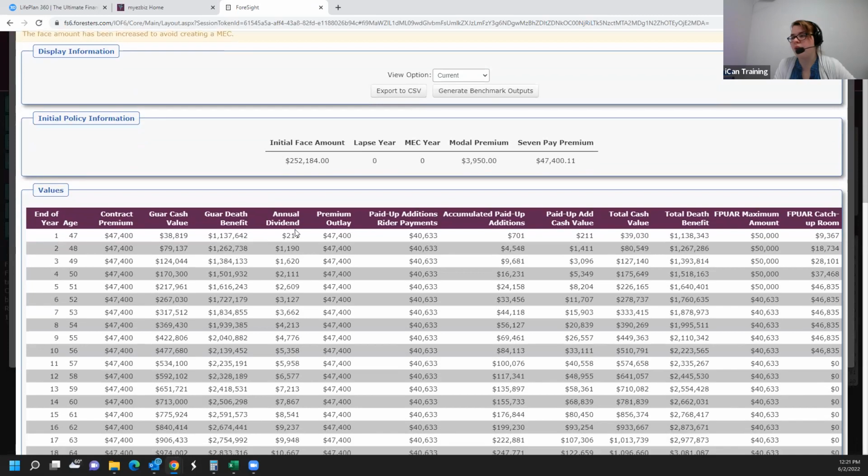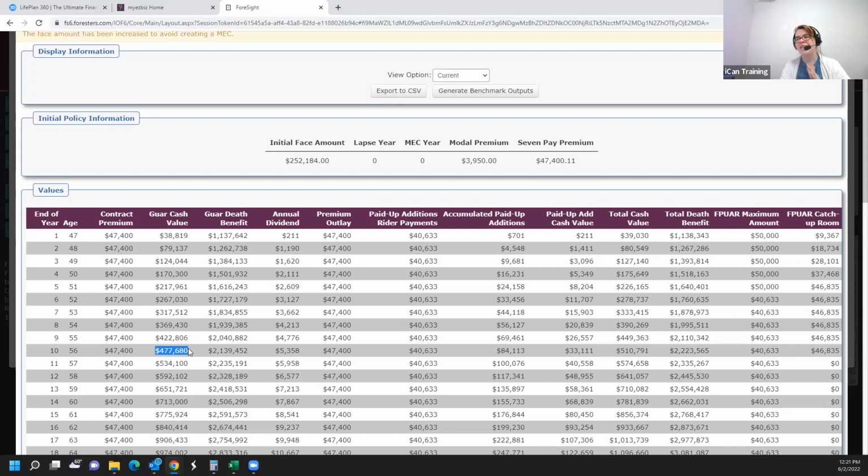Coming in here, we notice that at the 10-year point on the guaranteed side, they're putting in $47,400 a year, and at 10 years, they have a guaranteed $477,000 in guaranteed cash value.